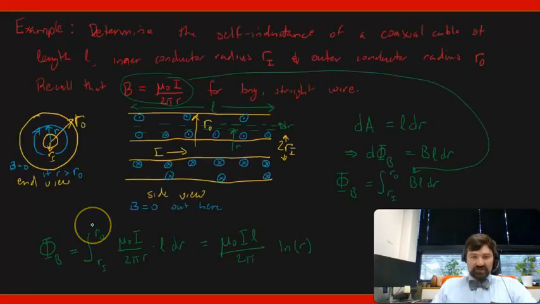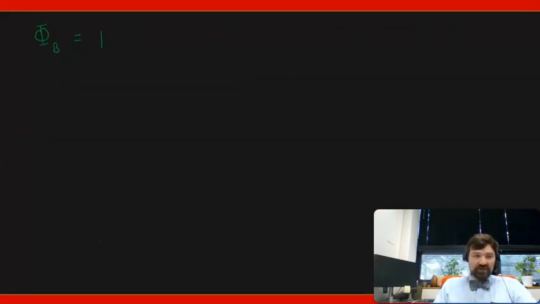Well, that in turn means that phi sub b is equal to mu naught I L over 2 pi times the natural log of r outer minus the natural log of r inner.